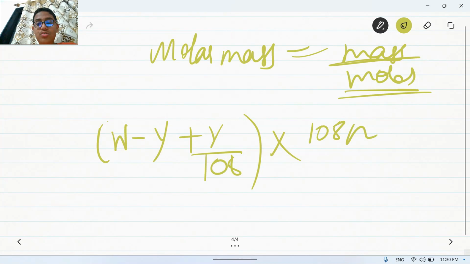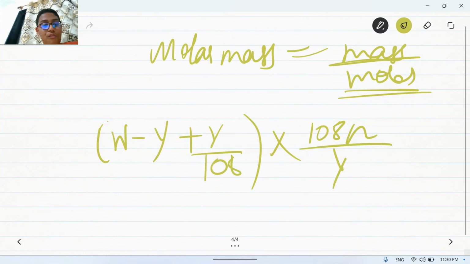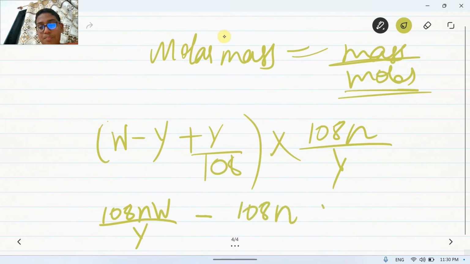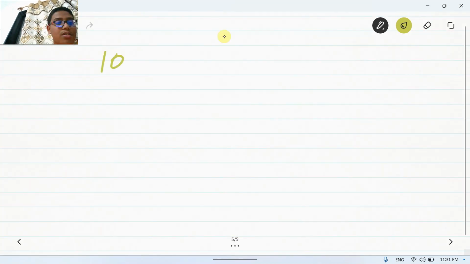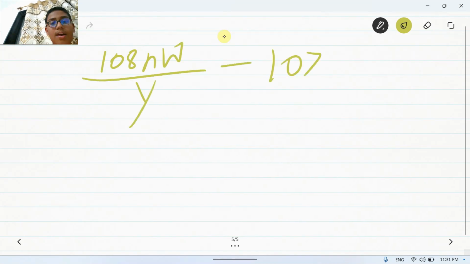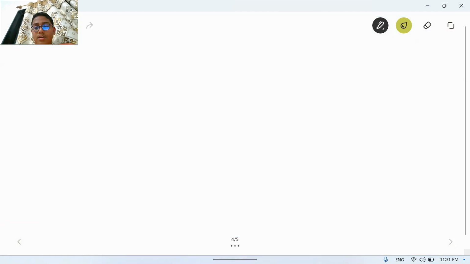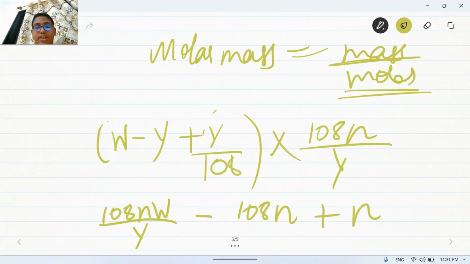So 108 n by Y. So finally, when we solve it, we get 108 nW by Y minus 108 n plus, for this part, Y gets cancelled, plus n. So finally, it becomes 108 nW by Y minus 107 n. Let's double check. Okay, done.